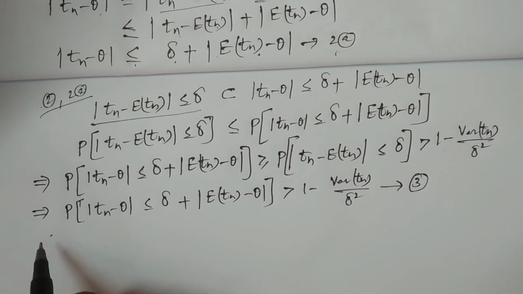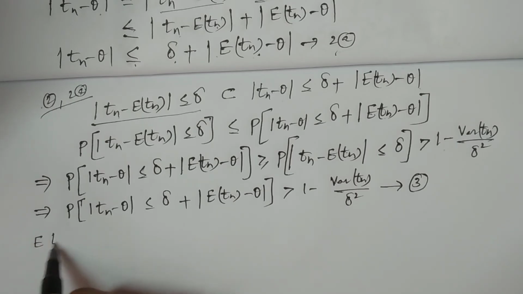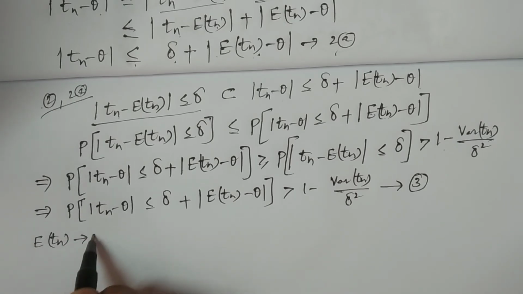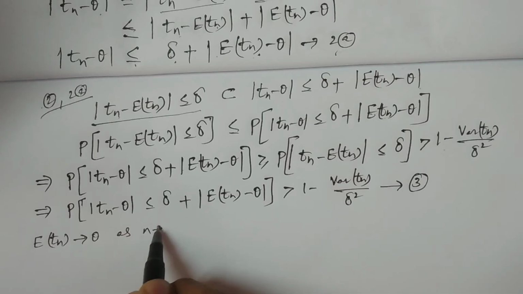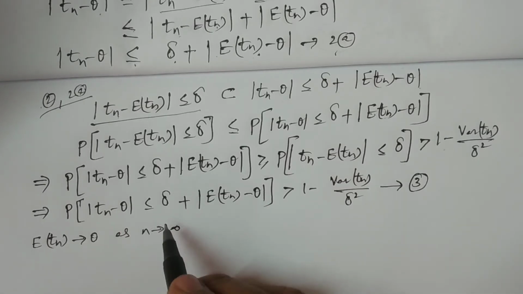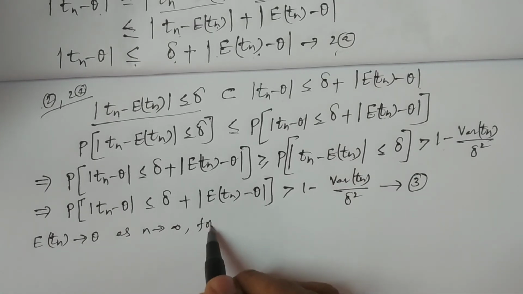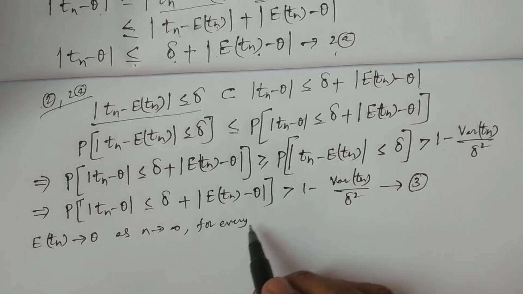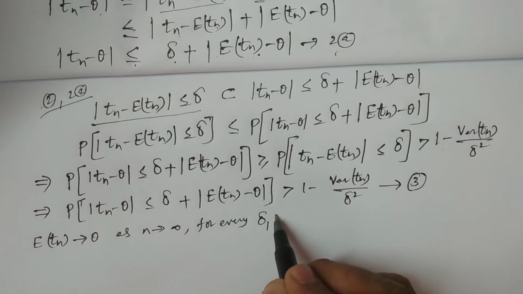If I consider first that the expectation of Tn tends to theta as n tends to infinity, then for every delta 1 I am introducing another positive quantity.